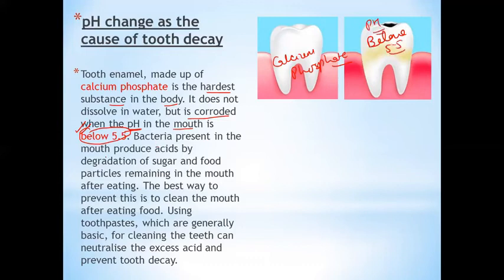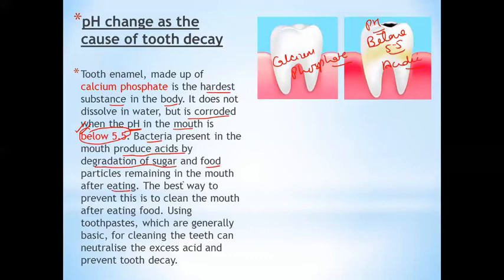Bacteria present in the mouth, pH below 5.5 means acidic. Now how is acid produced? Bacteria present in the mouth produce acid by the degradation of sugar and food particles remaining in the mouth after eating.